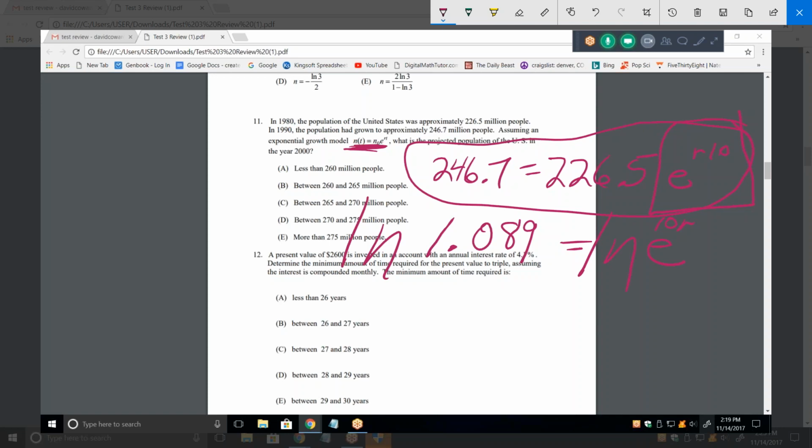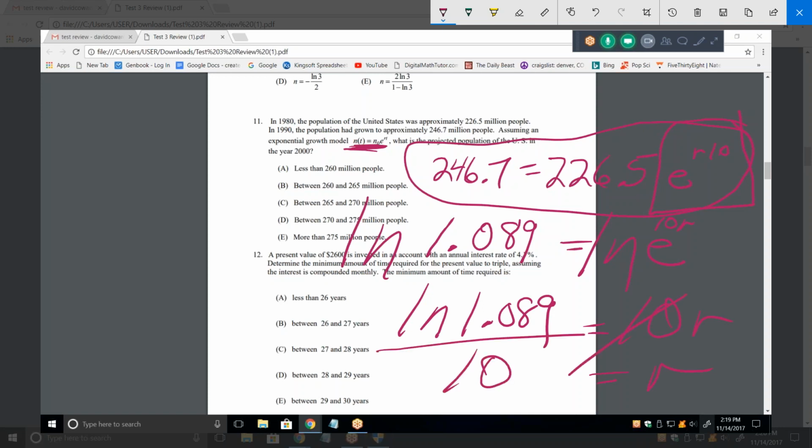What's the right side become? Just 10r. Left side is a number. So what's r? Ln of 1.089 divided by 10. There you go. What is that number?